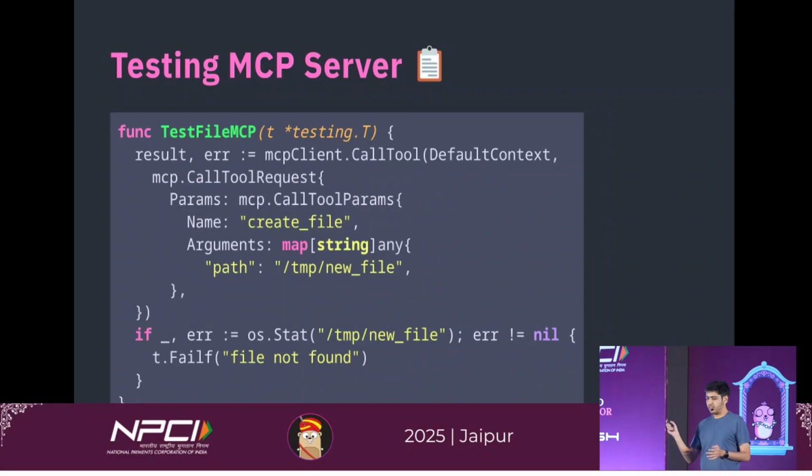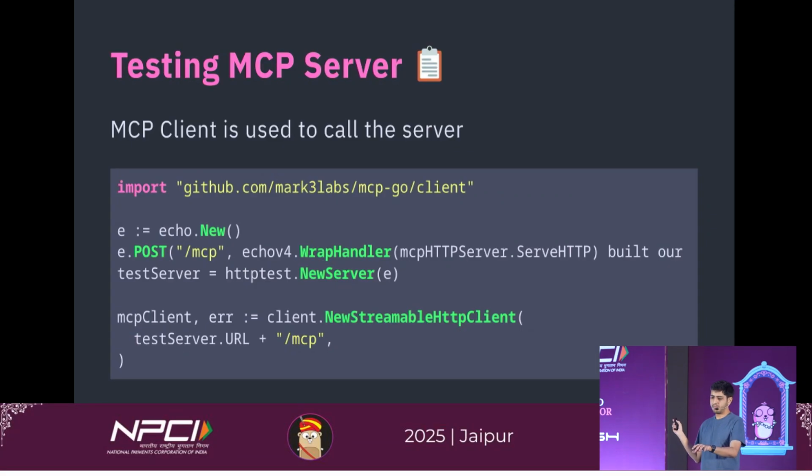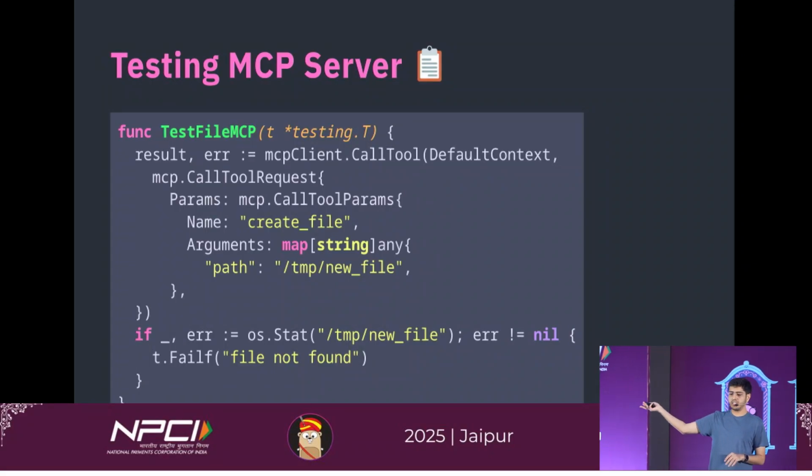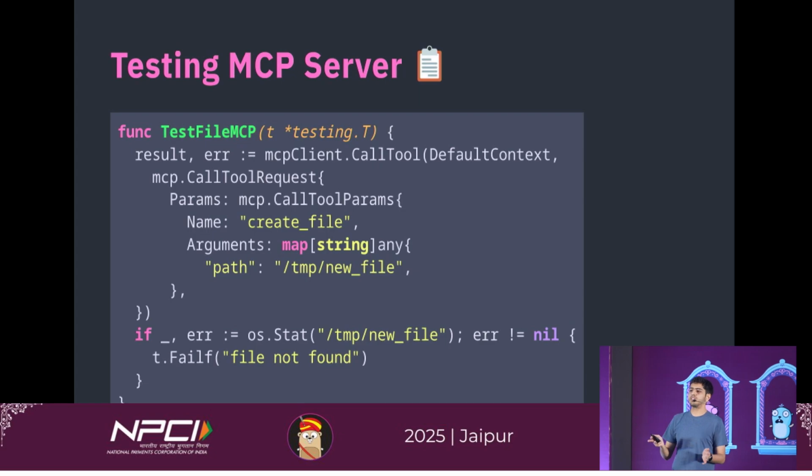Since we created a client here, we can use that client to call the tool. In the call tool request, you can see the struct, which matches the JSON RPC structure we discussed a while back. Here I'm calling the tool and checking if the file exists or not. First you check the error, you check the result, and then to be extra sure, you check if it created the file in that place or not.